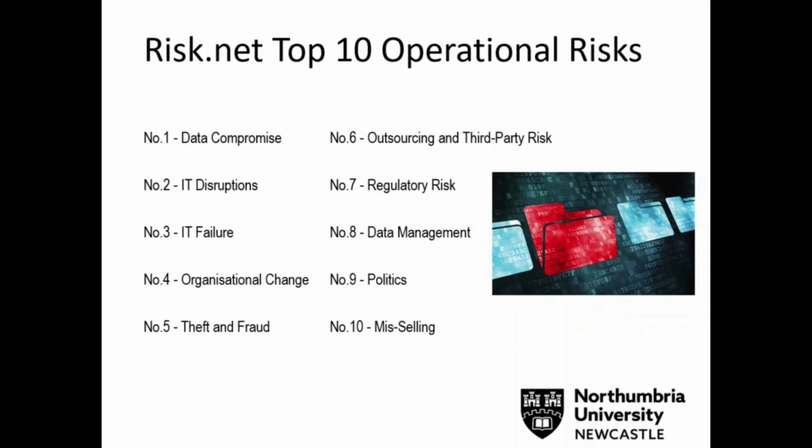Even though we're seeing in the data from 2013 to 2018, the biggest frequency related to fraud and theft, which is number 5 on this list. But moving forward, there's a lot to do with IT. So there's 1, 2, 3, 4, 5, at least 5 there linking to IT.